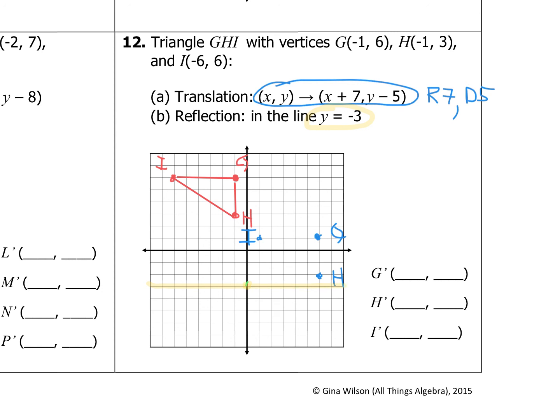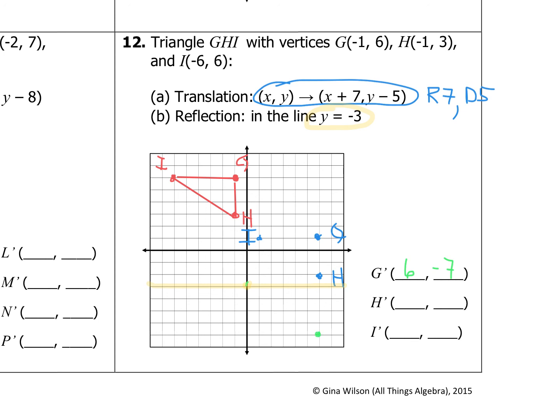Then we're going to take every one of these points here, and we're going to go across this line down over here. So we're just going to count our distances. So G is 1, 2, 3, 4. So you need to go 1, 2, 3, 4 on this side, which is +6, -7. So we're at +6, -7.